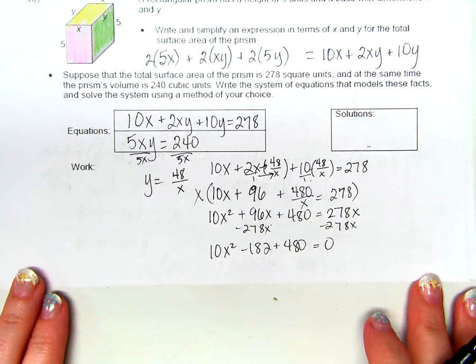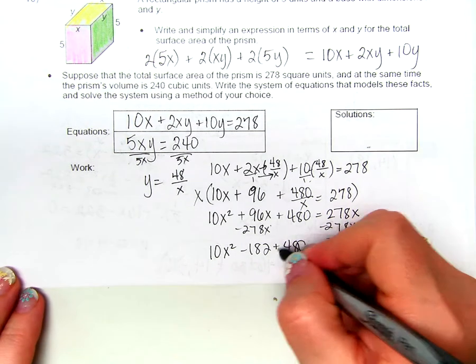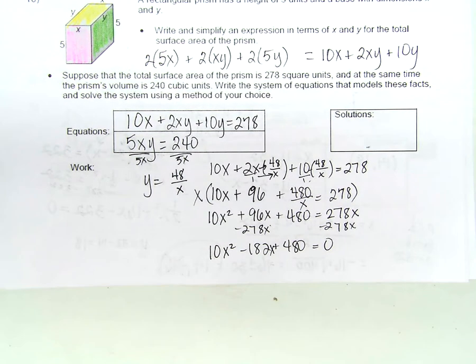So now what are my choices? Thank you very much. Yes, there would. I just missed it. Appreciate it. What are my choices at this point? Good. I can factor or use the quadratic formula.